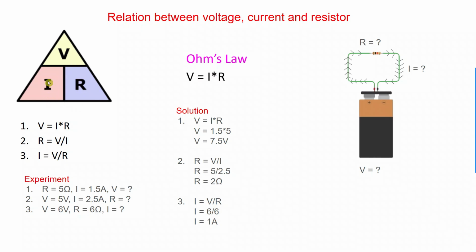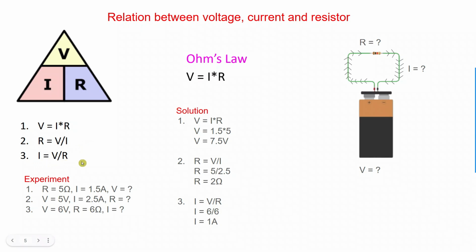If you know V and I, then we can calculate the value of R. If you know R and V, then we can calculate the value of I. So we have three combinations. The first is V equal to IR, the second is R equal to V by I, and the third is I equal to V by R.